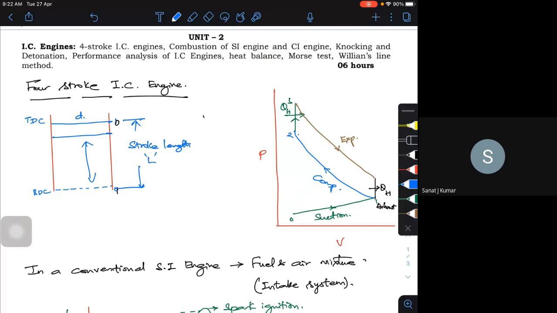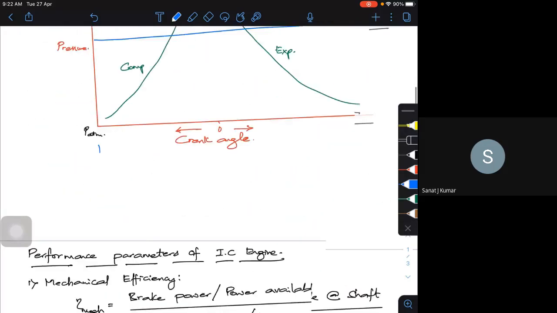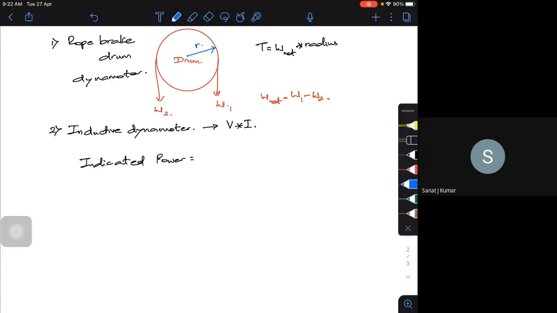For a 4-stroke engine, power is generated once for every two revolutions, so N, the rotational speed of the engine, will be half of what we measure. The formula for indicated power is IP equals PM, the mean effective pressure, times L times A times N divided by 60.